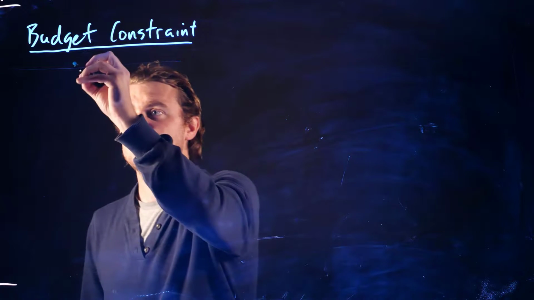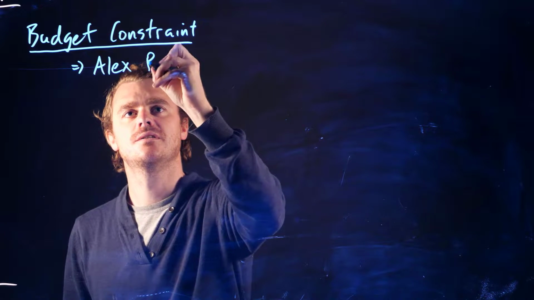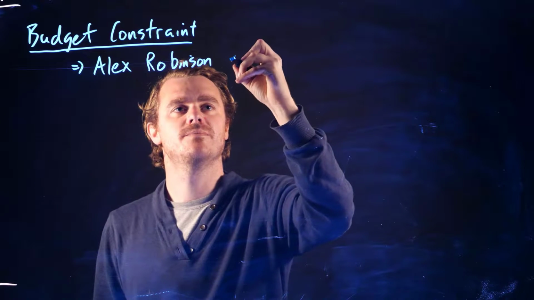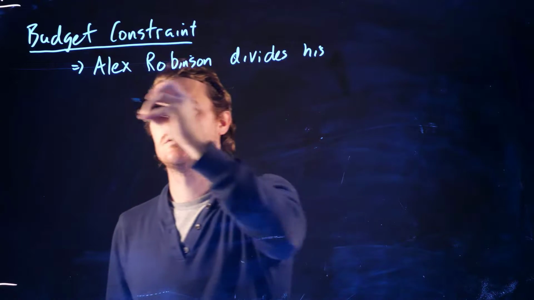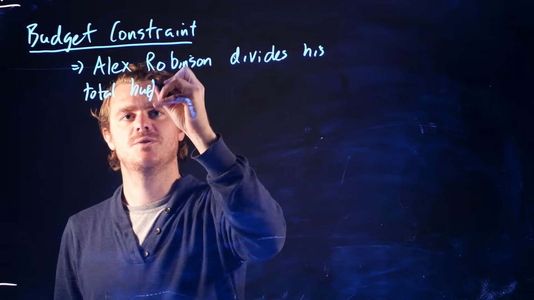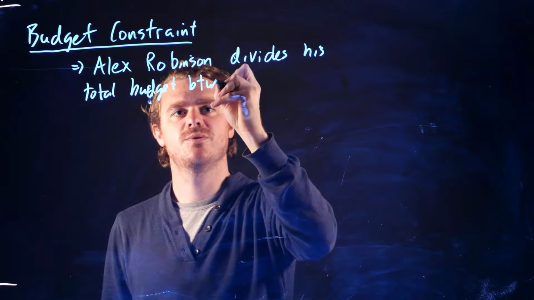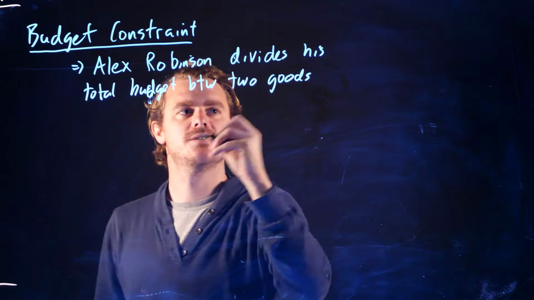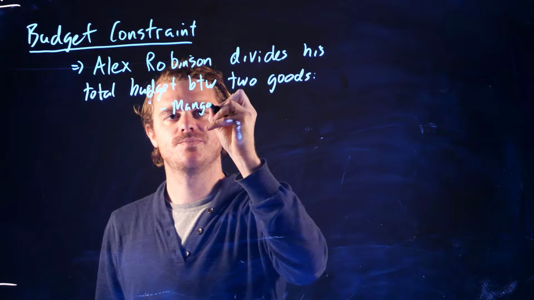And so let's say here that Alex Robinson divides his total budget between two goods. So he just consumes two different goods, and let's say that there's mangoes and there's fish.